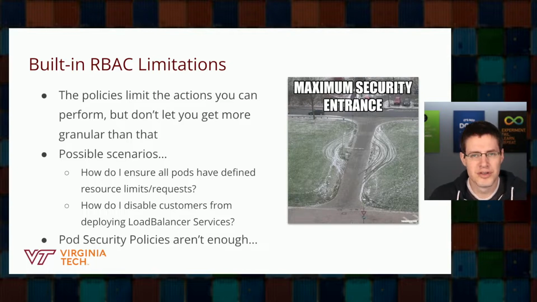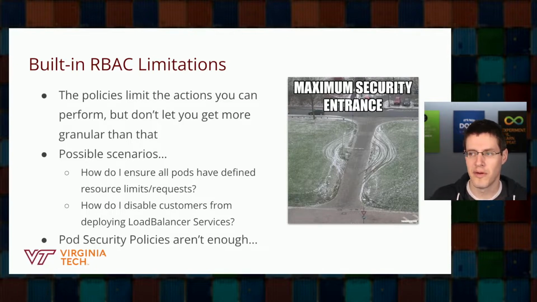Now, there are limitations to this, and I think this graphic on the right hits it spot on, because it provides some security, but there's still a lot of ways around it, or a lot of things you can do that may not be how you want it to work. For example, here are some possible scenarios. How do I ensure that all pods have defined resource limits and requests?